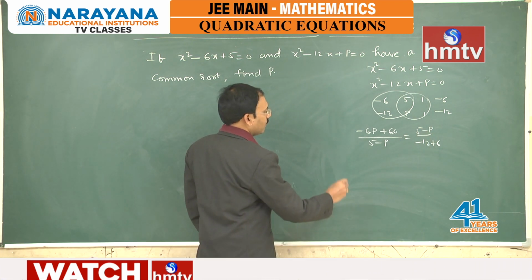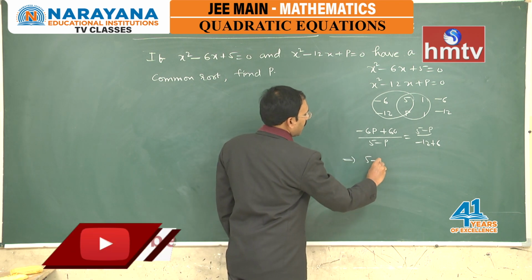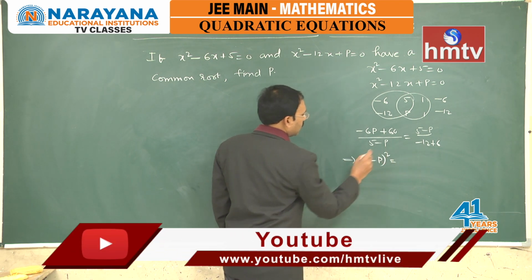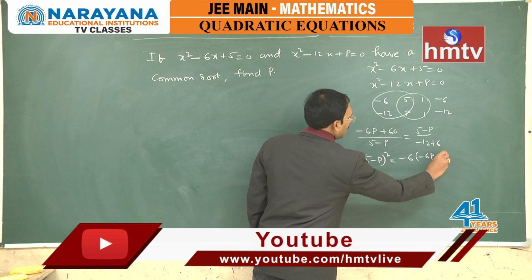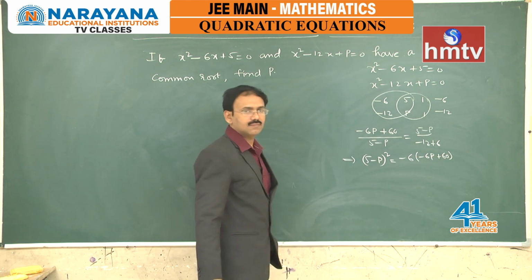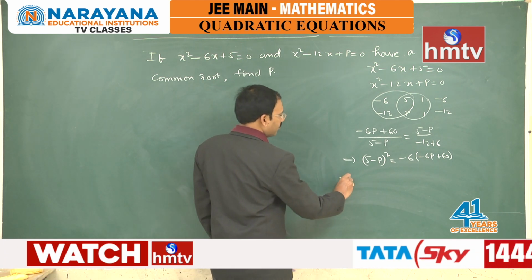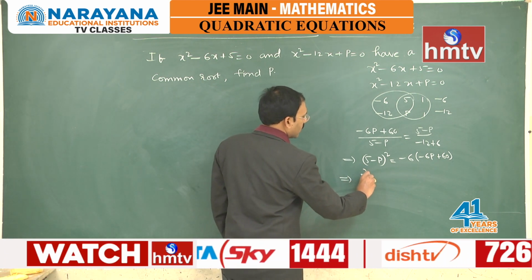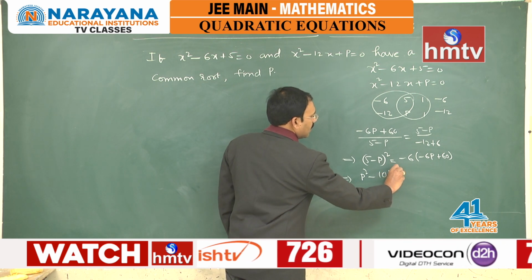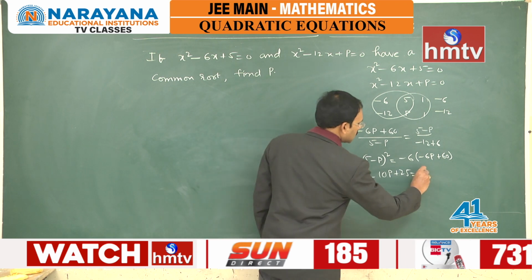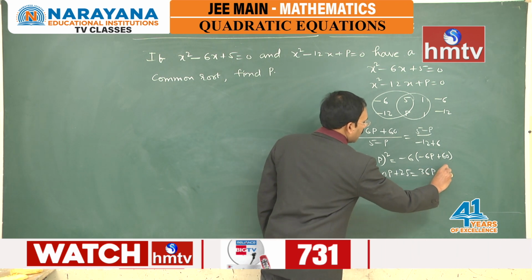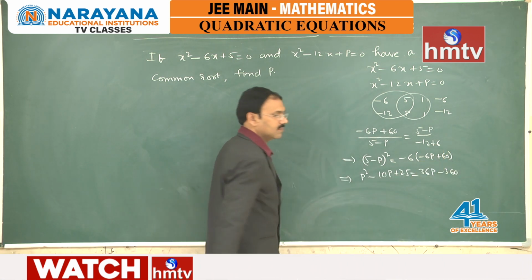Which gives 5 minus p whole square is equal to minus 6 into minus 6p plus 60. After simplification we get p square minus 10p plus 25 is equal to 36p minus 360.